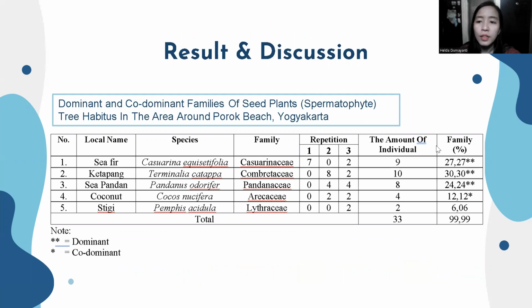The result of research conducted in the area around Porok Beach, Yogyakarta from 9 plots found as many as 5 species of seed plants, namely Casuarina equisetifolia or sea pine, Terminalia catappa or ketapang, Pandanus odorifer or sea pandan, Cocos nucifera or coconut, Pemphis acidula or stigi, from the families Casuarinaceae, Combretaceae, Pandanaceae, Arecaceae, and the last, Lythraceae.